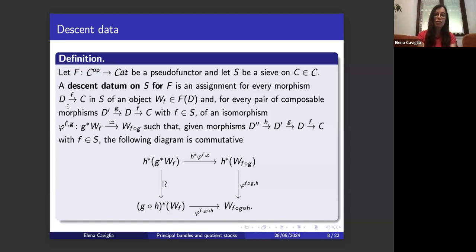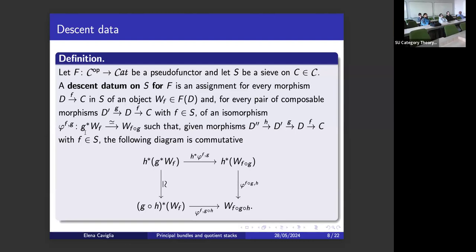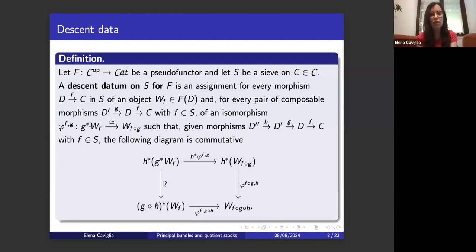And so we can think of it as a local object. And then this assignment needs to be compatible with respect to composition. So every time we have a chain of morphisms, g and then f, where f is in the sieve, we have that the assignment on the composite f composed with g needs to be isomorphic to the descent along g of the assignment for f.